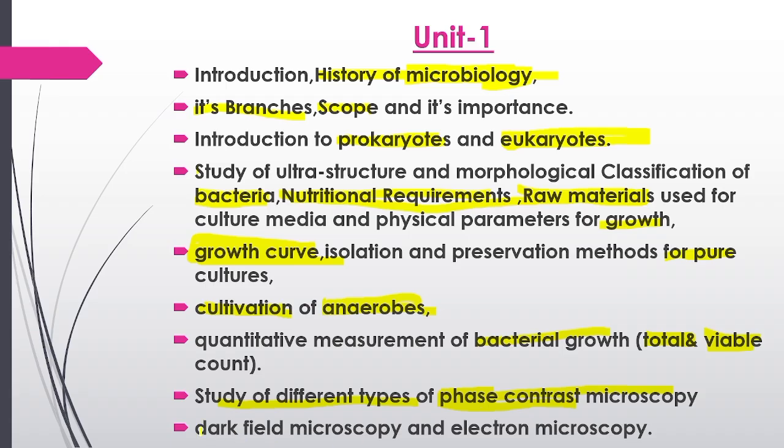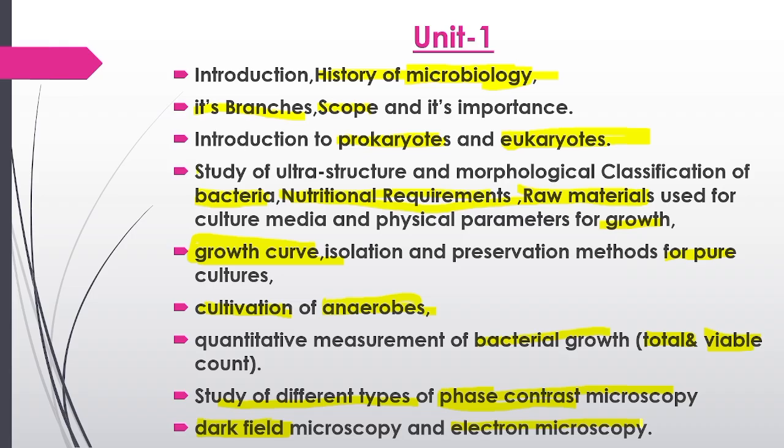And what is dark field microscopy? The name itself indicates it, the dark field. There will be a dark background in that microscopy to easily identify the original object. We can easily find the object by the dark background. And what is electron microscopy?